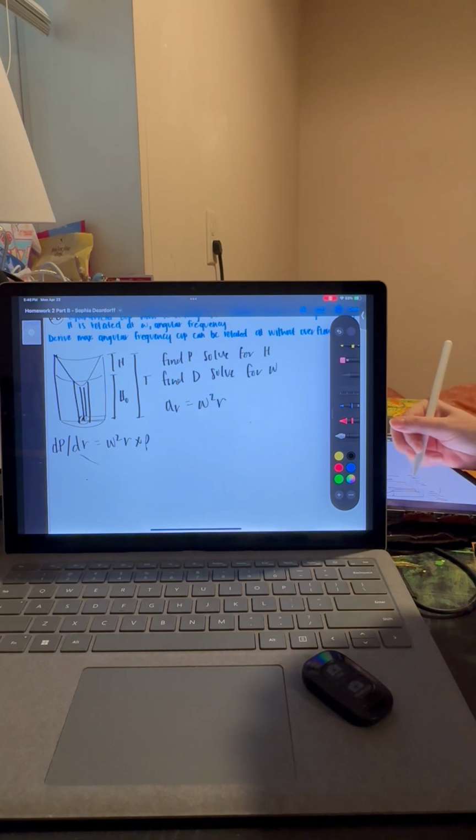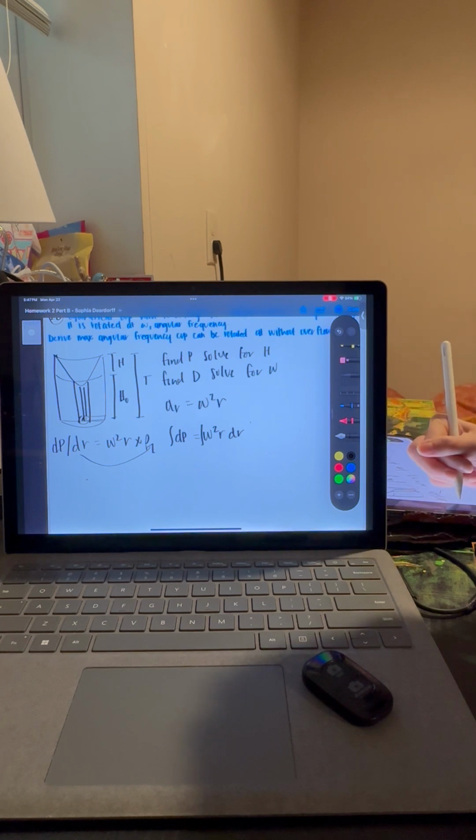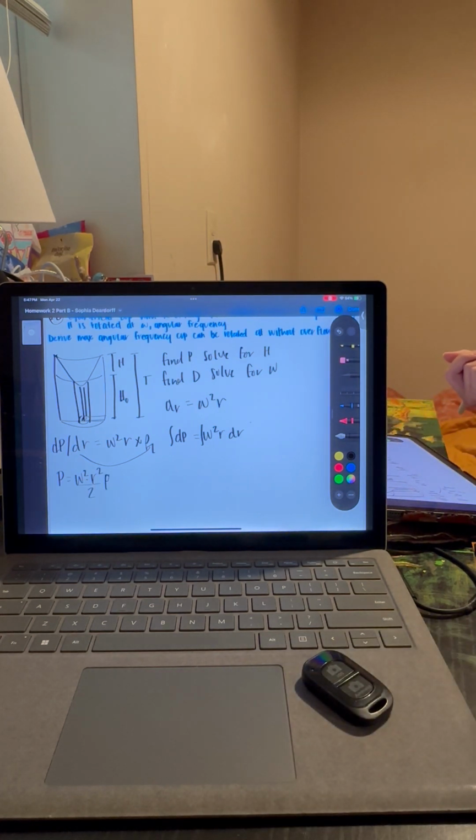We move this to this side, and that will be dp equal to rho omega squared r dr. Integrating both sides, we obtain pressure as omega squared r squared over 2 times density.